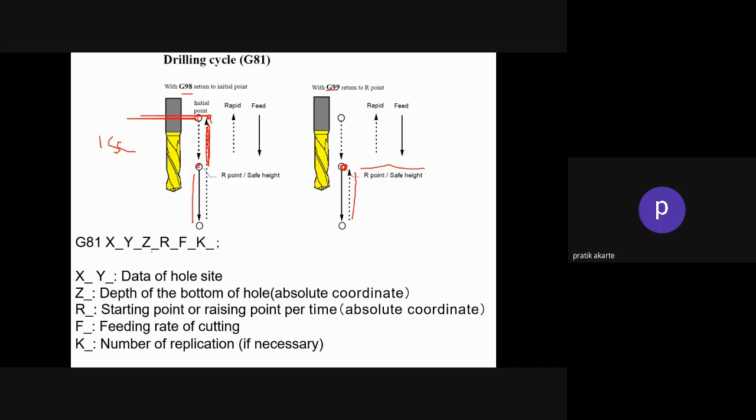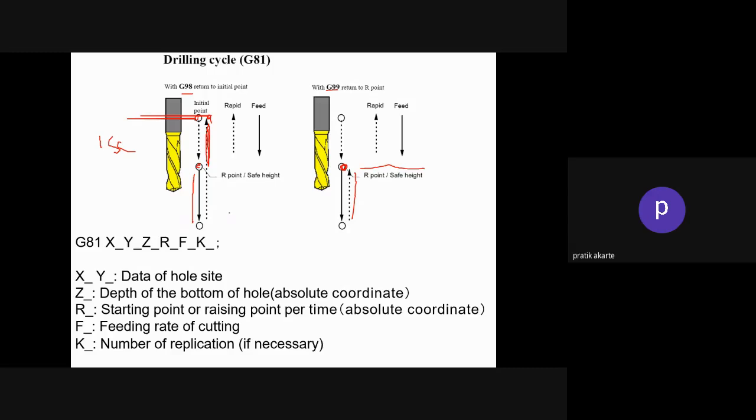So this is the line block for the drilling cycle. G81, X Y Z: X and Y indicate your coordinates. R means the starting point or raising point, in absolute coordinates.